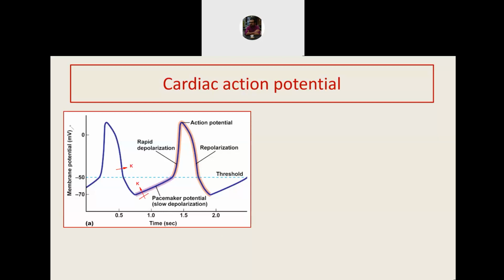The second phenomenon that happens here is that during this negative, hyperpolarized state, a very peculiar cation channel gets activated. This cation channel causes entry of sodium and potassium, making the cell more positive. Because it is probably the only cation channel that is activated during hyperpolarization, it is also known as the funny current or the hyperpolarization current.